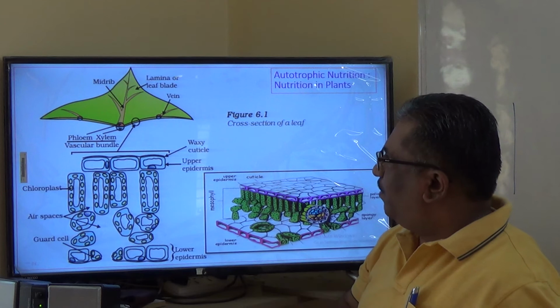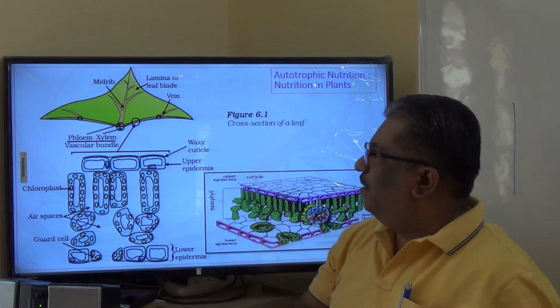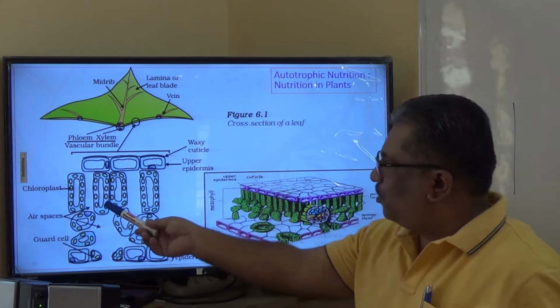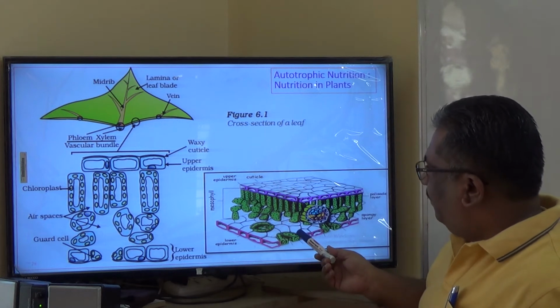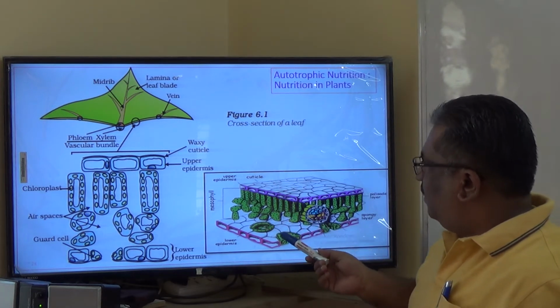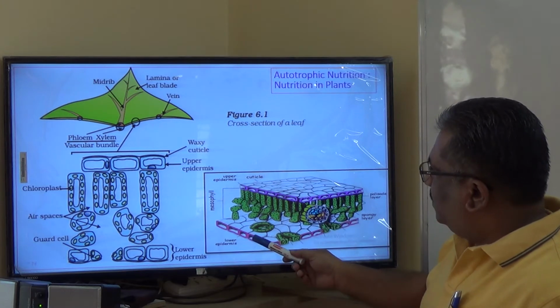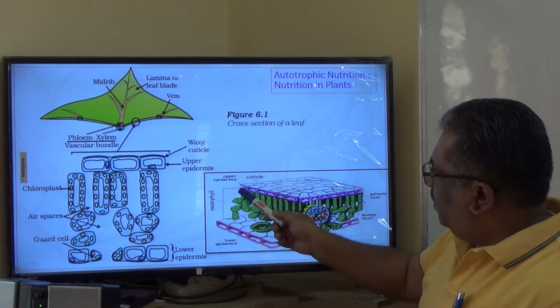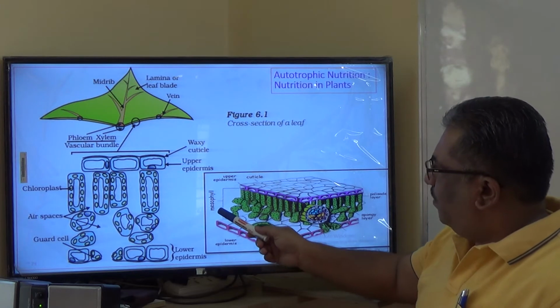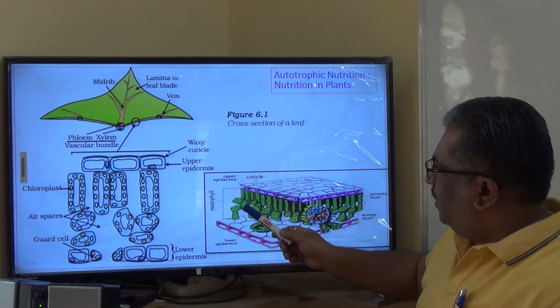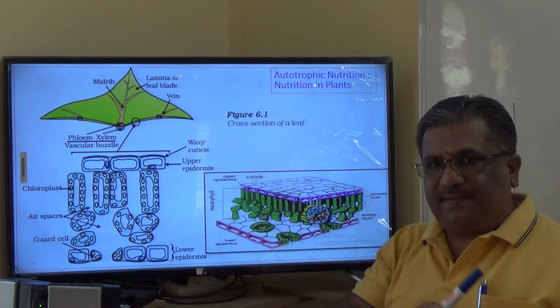So these are the main components, and here the same portion has been given once again, and this picture is quite clear. Upper epidermis, lower epidermis. The soft portion, the in-between region, is called the mesophyll, and you find small green dots, chloroplasts, inside the cells.